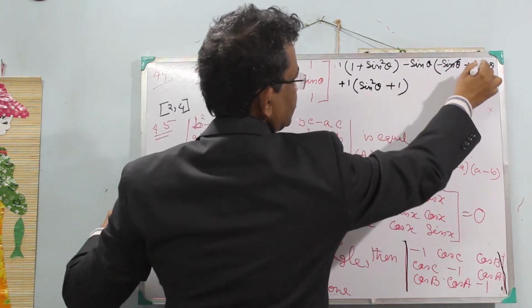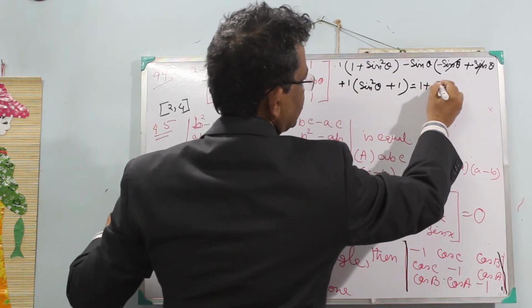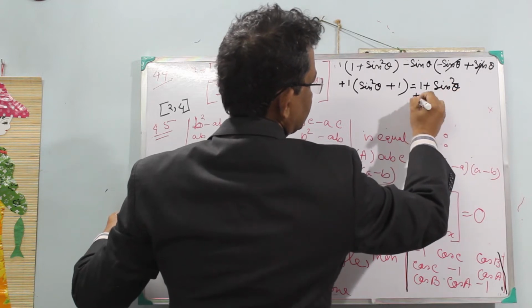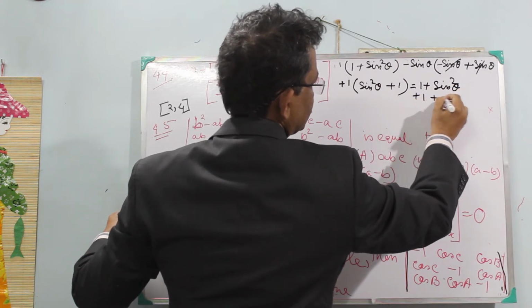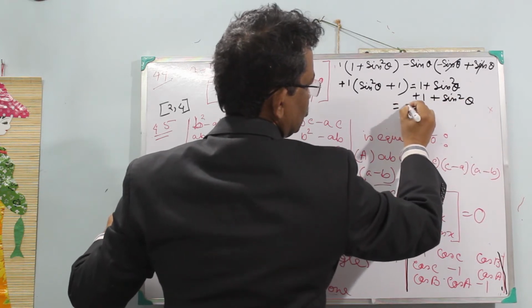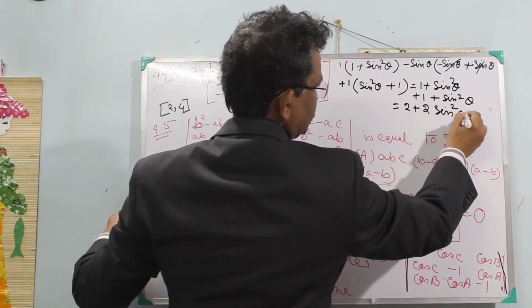So this cancels, and this equals 1 plus sine square theta plus 1 plus sine square theta, that means 2 plus 2 sine square theta.